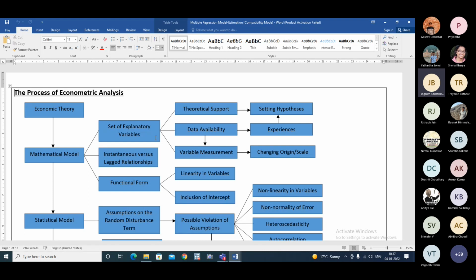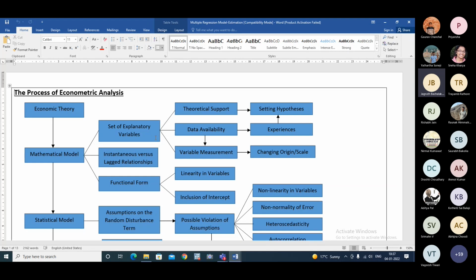Now, what happens here when I'm writing Ct as a function of yt minus 1? Obviously, I'm setting the causality from yt minus 1 to Ct because past value can influence the current value.